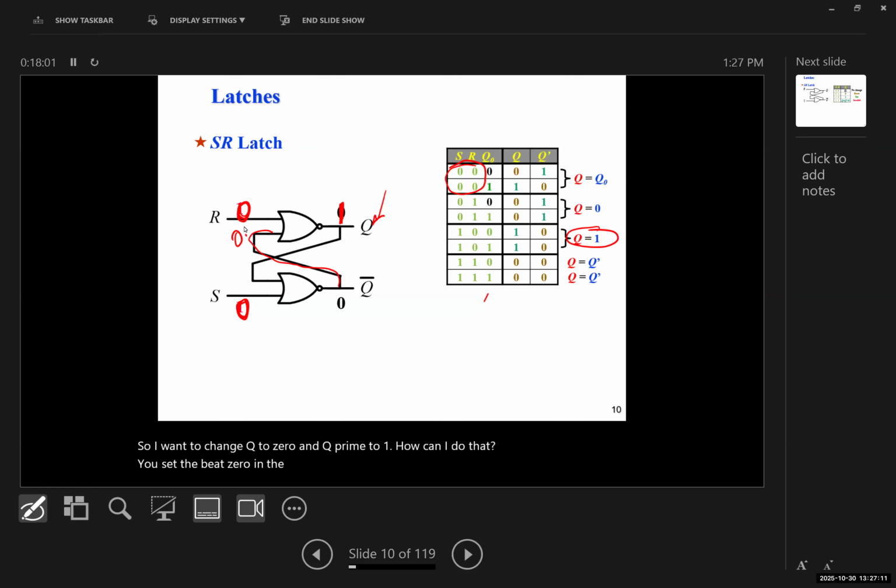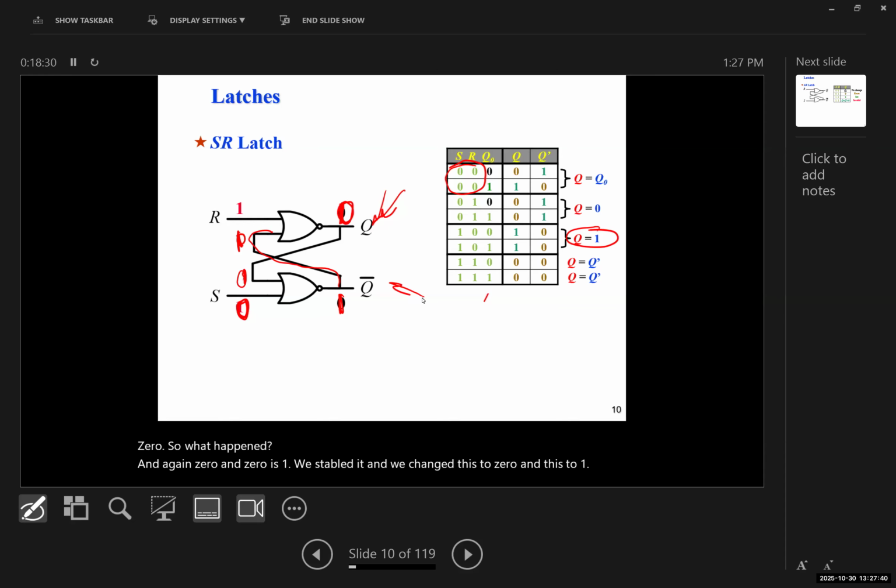I just changed the reset to 1. Now, if this is 1, this 1 is connected to this 0. So 1 and 0 is what? 0. Now 0 and 1 is what? 0. Now 0 and 0 is what? 1. And now 1 and 1 is what? 0. So what happened? And again, 0 and 0 is 1. We stabilized it and we changed this to 0 and this to 1.